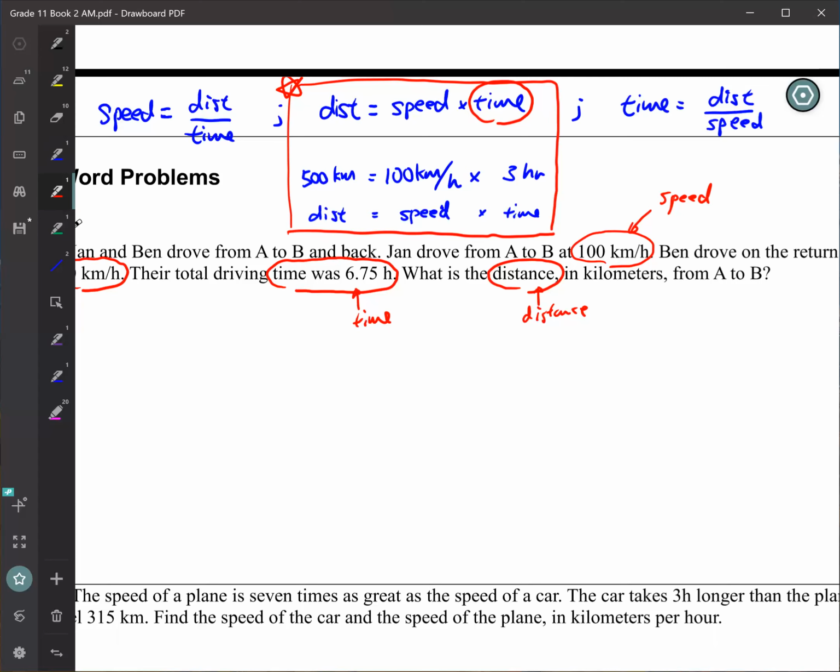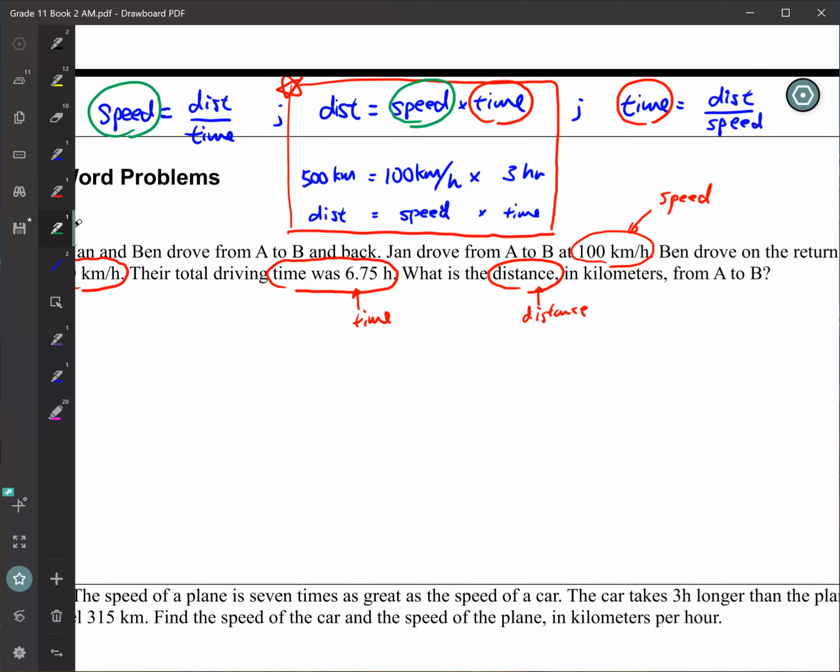So you would divide by speed, and speed will go to the denominator. If you want to find speed, then you would divide both sides by time, and time will go to the denominator. Then you get the formula on the left side. So it's always distance on the top.